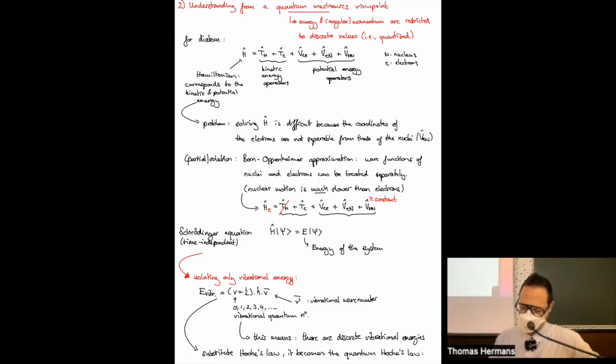And that's the Born-Oppenheimer approximation. So what does that say? It says that the wave functions of nuclei and electrons can be treated separately.